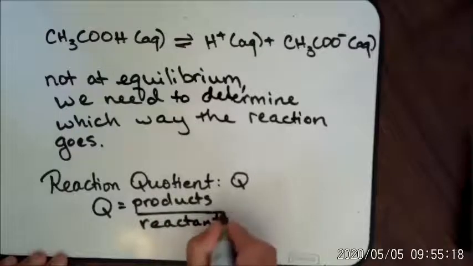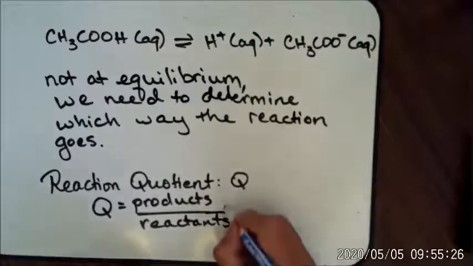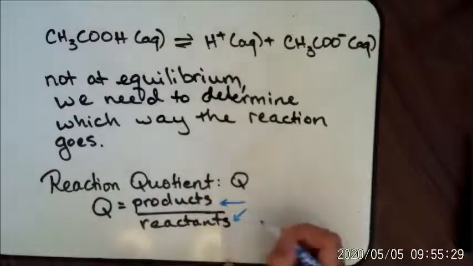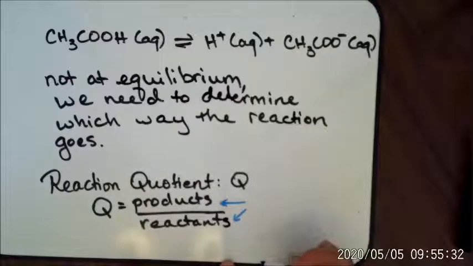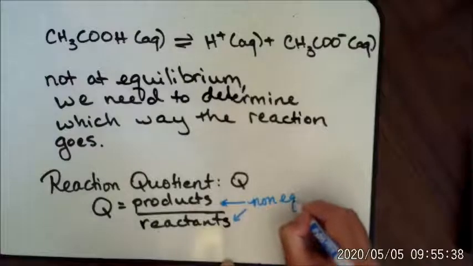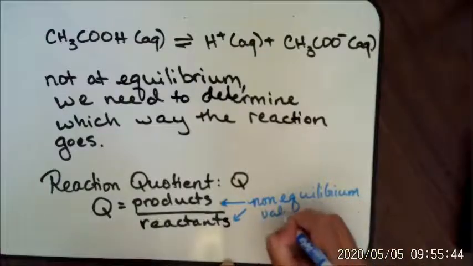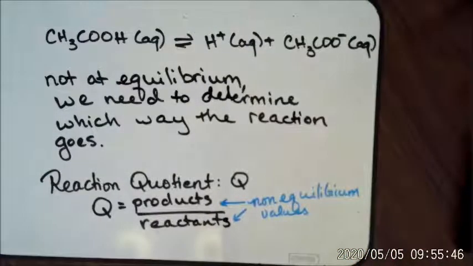So what differentiates between Q and K, because K is also products over reactants? When you put in your values, your partial pressures, your concentrations of products and reactants, these are non-equilibrium values. If you don't know that you're in an equilibrium situation, the first thing you're going to do is use Q, and then compare it to K.